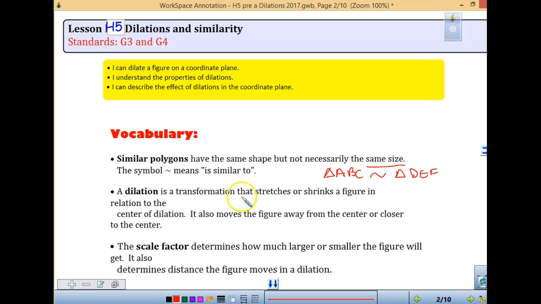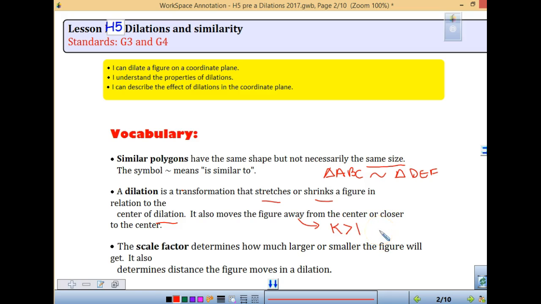A dilation is a transformation that stretches or shrinks a figure in relation to the center, okay? It also moves the figure away from the center or closer. To move it away, this is when the value of k is going to be greater than 1.